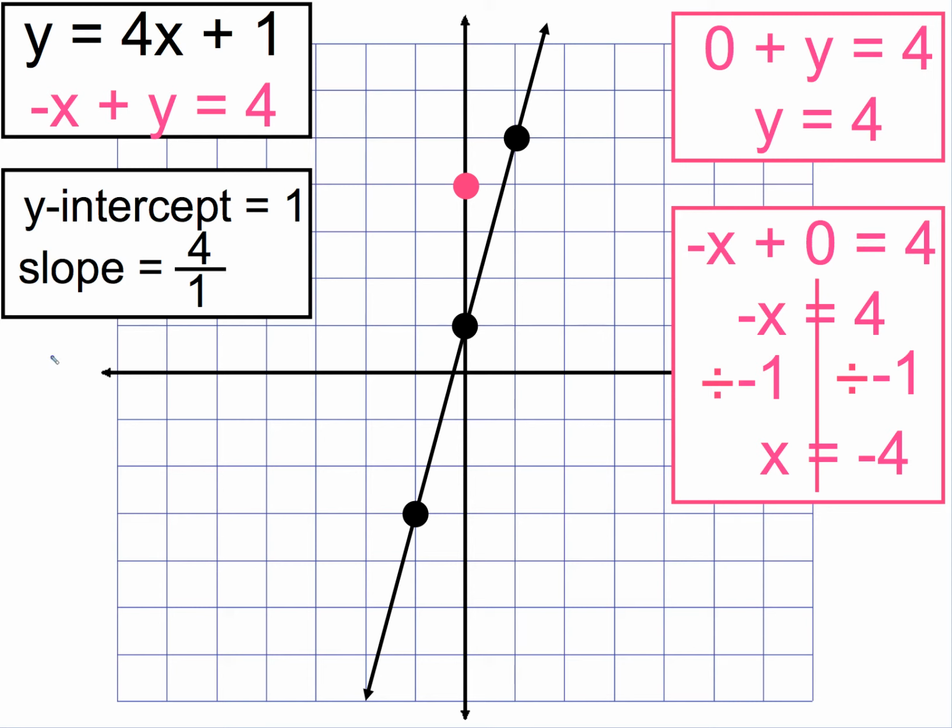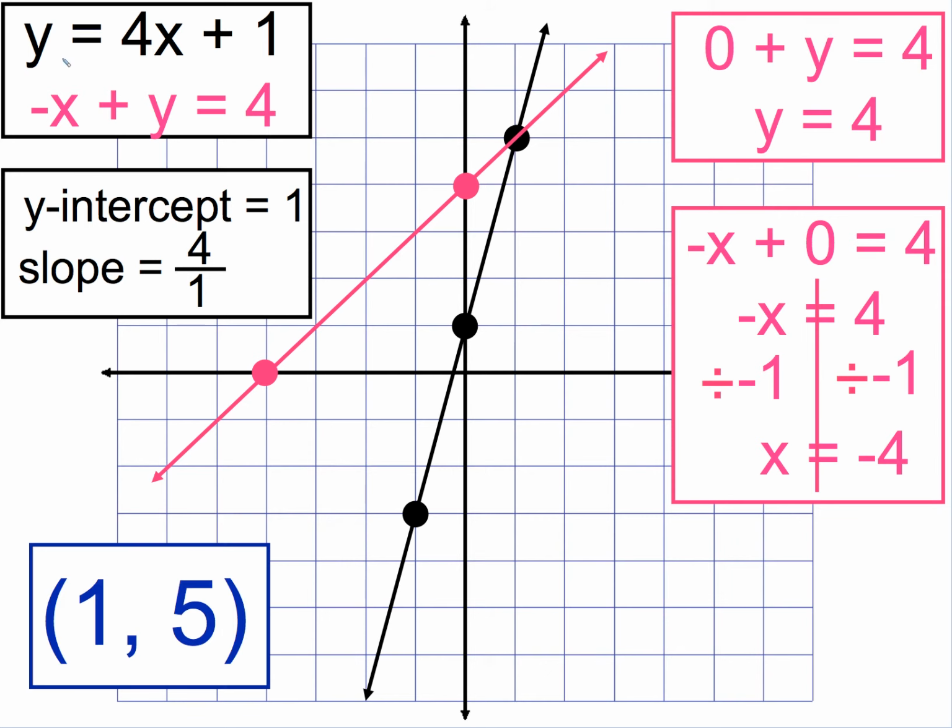So the x-intercept, which remember the x-axis is the horizontal line, is at negative 4. And then again I draw a line to connect those two points, and now I can see where the two lines are intersecting. The point where they intersect is right here, so that would be 1, 5. The ordered pair 1 and then up 5 right there.